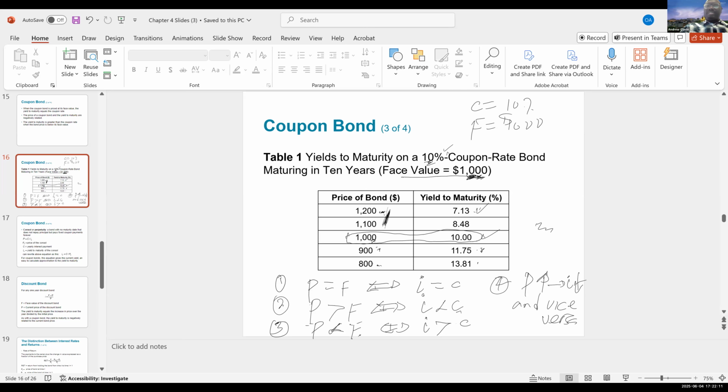So you can see from this table, as the yield to maturity rises from 7.13 to 8.48 to 10 to 11.75 to 13.81, what do you observe on this other column for price of the bond? The price of the bond will be declining. So anytime the interest rate or the yield to maturity increases, bond price falls. And the converse is true. If the yield to maturity falls, the bond price will be rising. Those are the relationships I wanted to talk about.